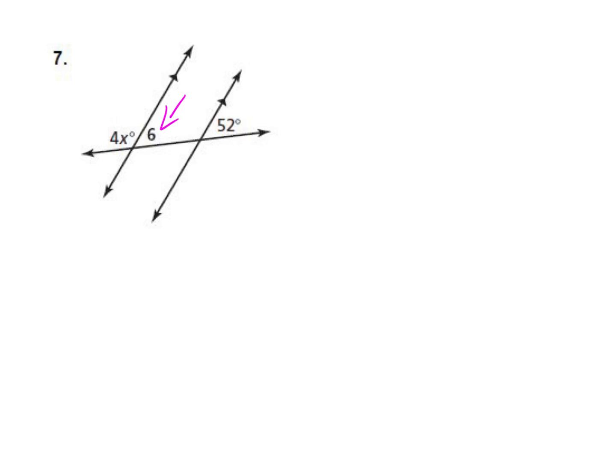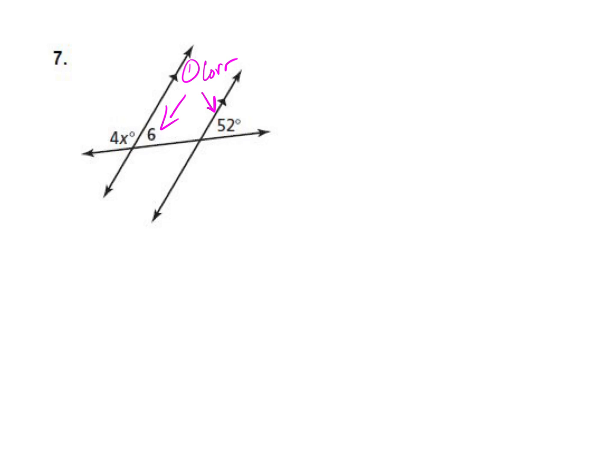But what about this angle 6 and this 52? Are those one of our special pairs? Corresponding. Those are in the same position, right? So our first step is we're going to find what angle 6 is using the corresponding theorem. The corresponding theorem tells us that these are congruent, or equal 180?